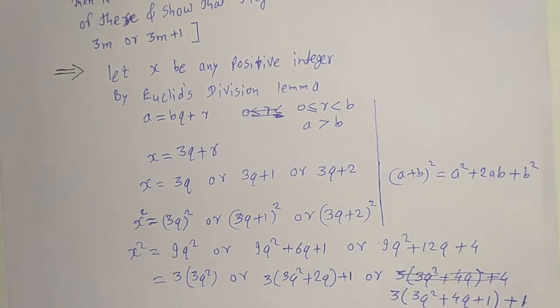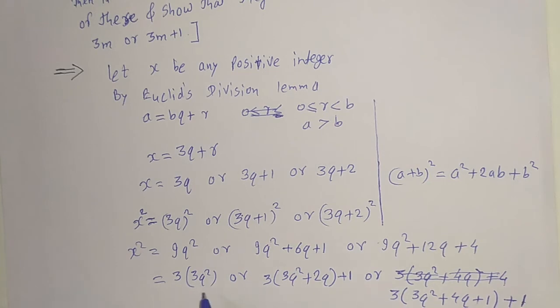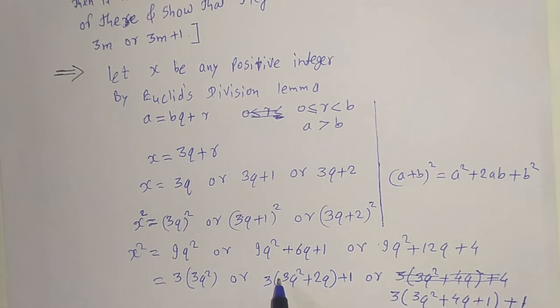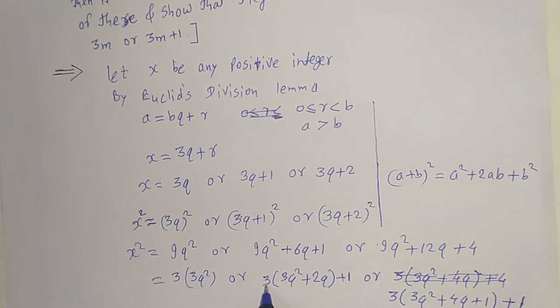If you look into this, you have the generalized form as 3 into some factor, or 3 into some factor plus 1, or again 3 into some factor plus 1. So these two forms are similar. Only thing is, here we have 3 into some factor plus 1. Again here you have 3 into some factor plus 1. So these two forms are identical.